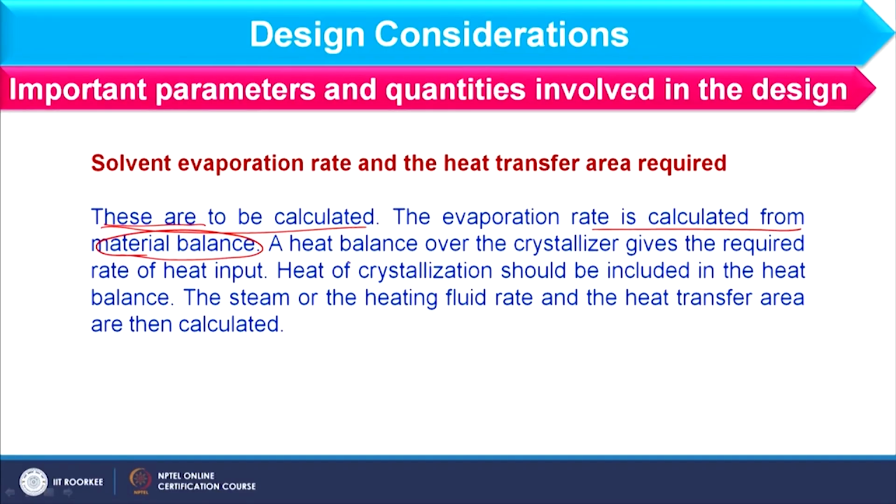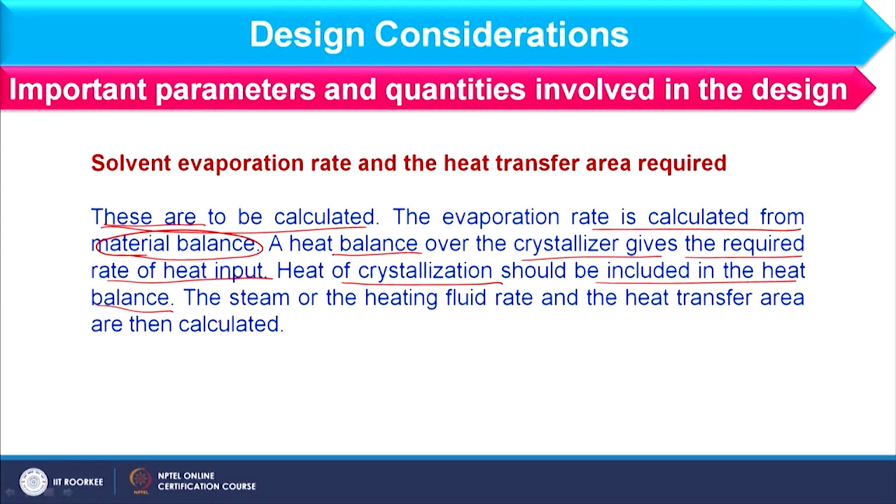So, a heat balance over the crystallizer gives the required rate of heat input. Evaporation rate as well as heat requirement can be calculated by material and energy balance, and further we have the heat of crystallization, and this should be included in the heat balance. Because when a crystal is formed, it takes some heat from the solution.